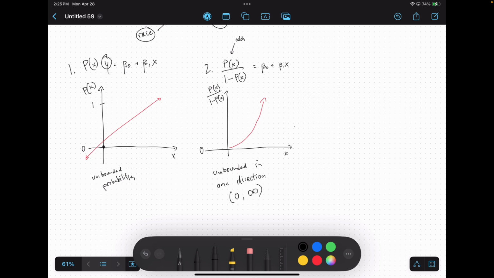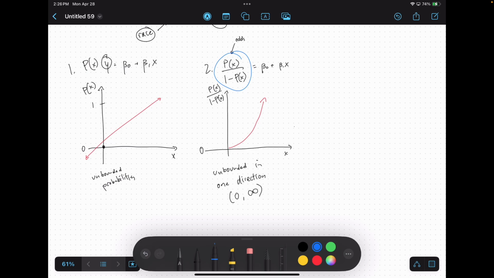And one issue is that this particular form isn't a good representation of your probabilities yet because you are unbounded in one direction. You're still going from 0 out into infinity.